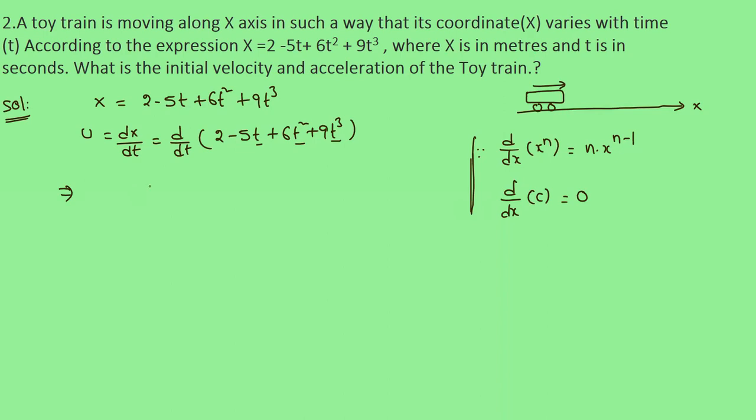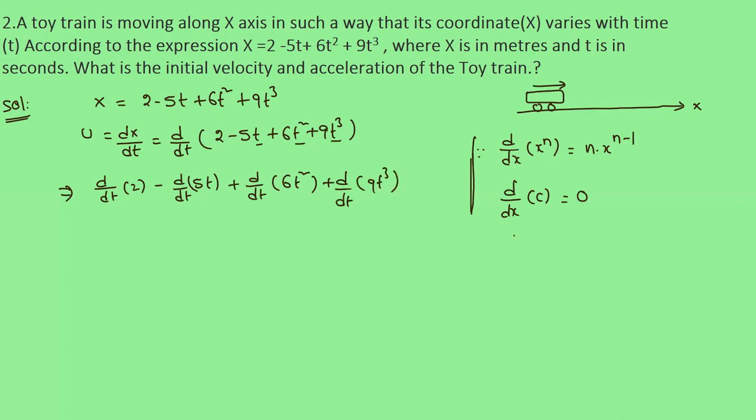So we can write d by dt of 2 minus d by dt of 5t plus d by dt of 6t square plus d by dt of 9t cube.